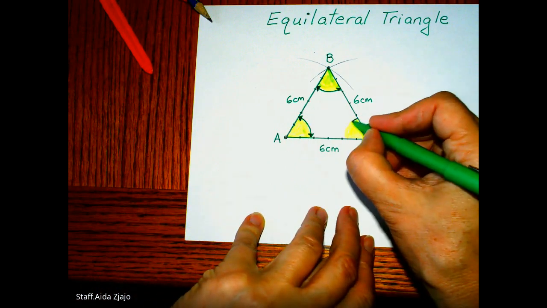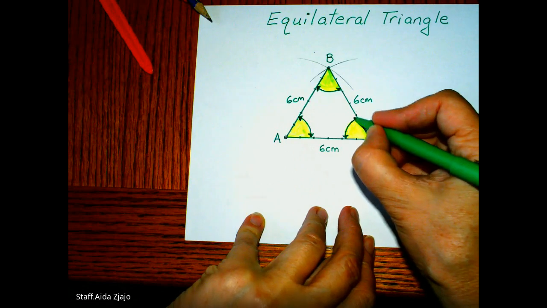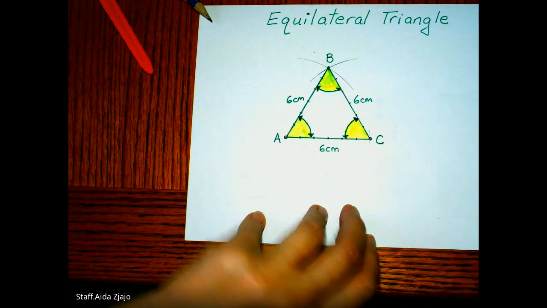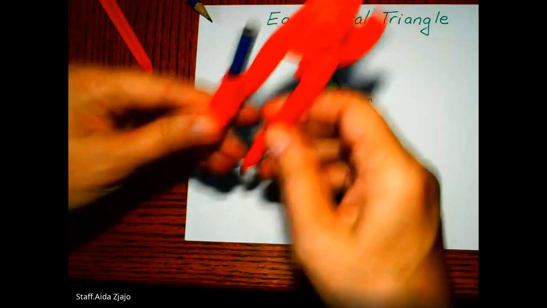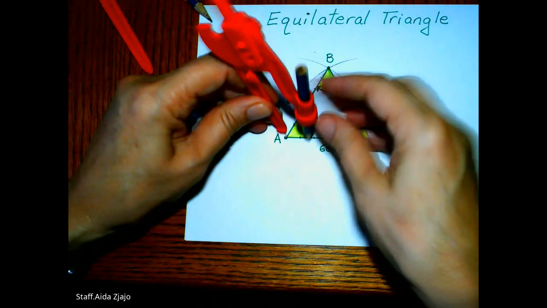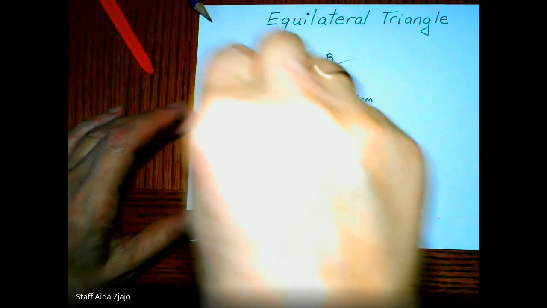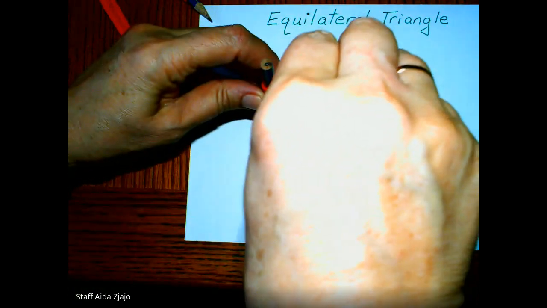Every angle is a part of a circle, and sometimes I like to show that to our kids. So if I put this, I can draw the circle with my compass and you will see that it's working well.